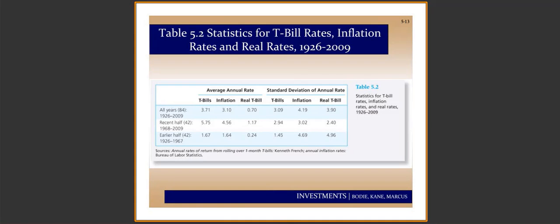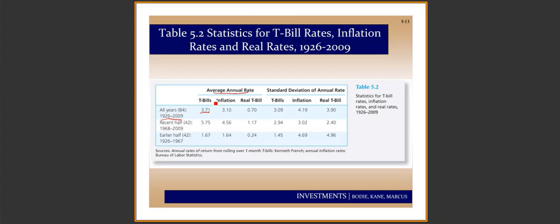Okay. Let's take a look at this slide, and I want you to see the relationship between inflation and T-bills. For all years, 1926 through 2009, it says the average annual rate. So for that 84-year period, I think it's 84. 84 doesn't seem right, but 83 perhaps, whatever.